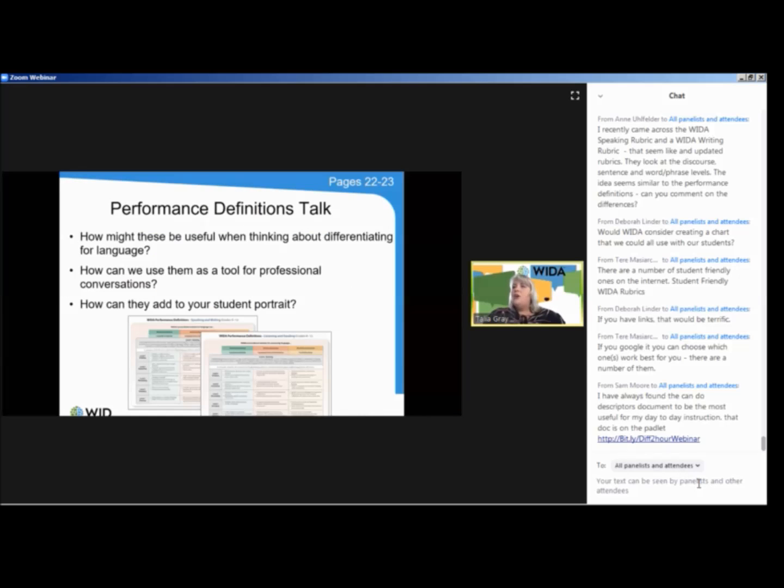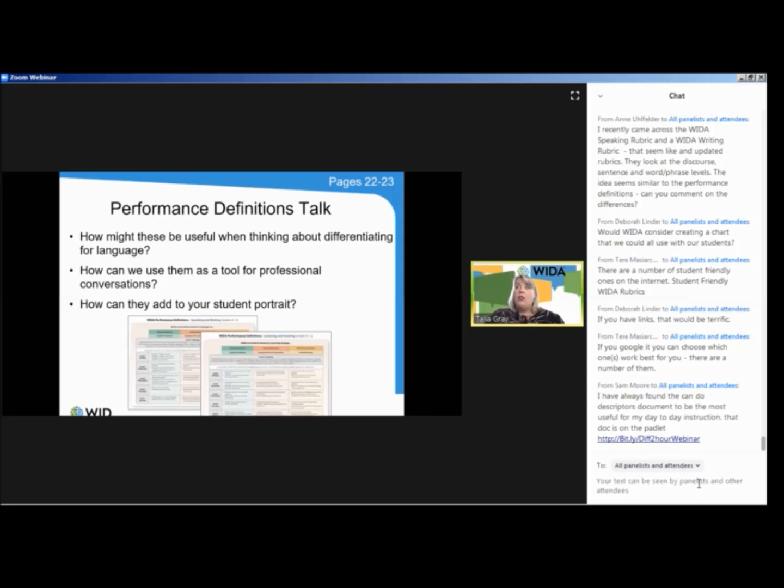Now that we've briefly gone over our performance definitions, think about some of the tips I told you about how you can use these when you're differentiating. You can use these as a tool for your professional conversations, and you can add these to your student portraits.